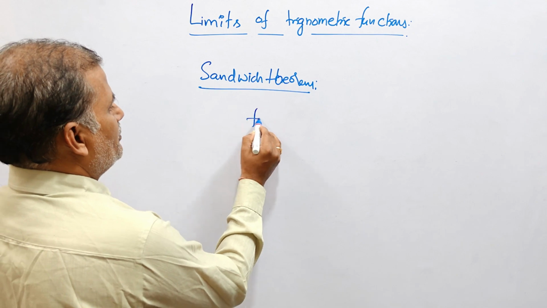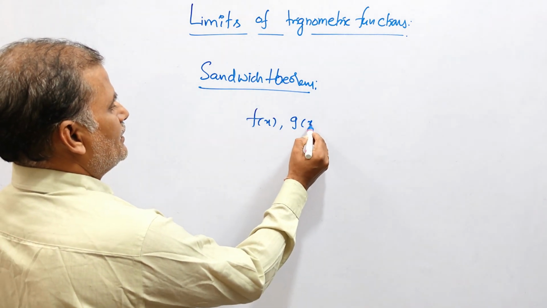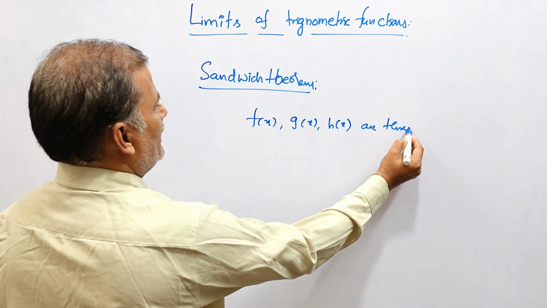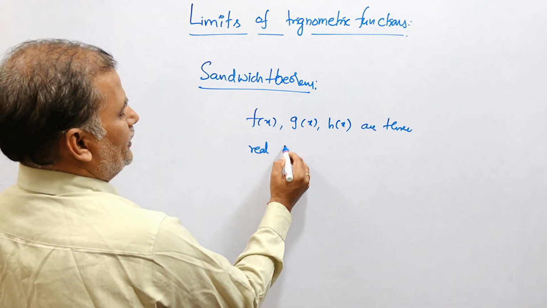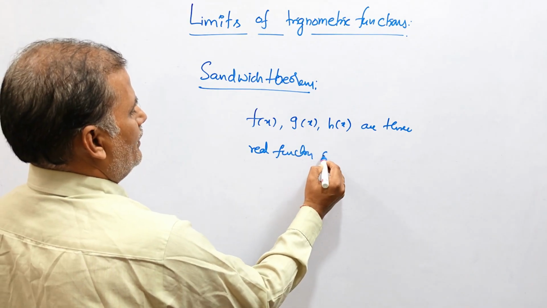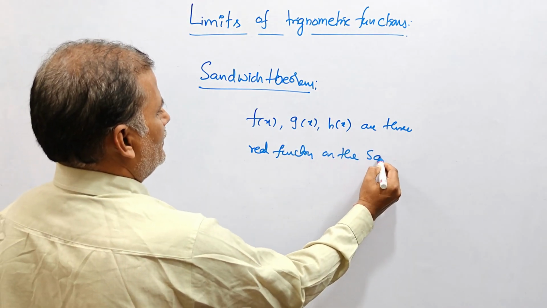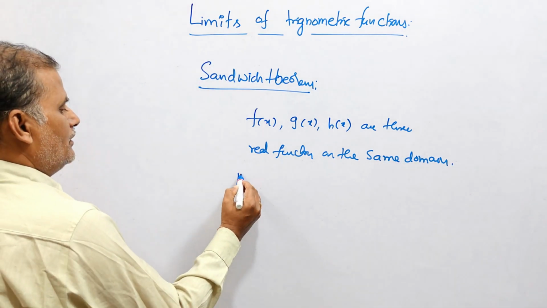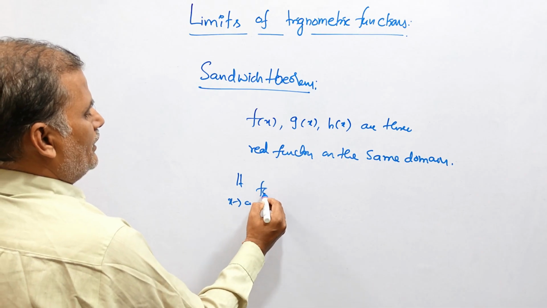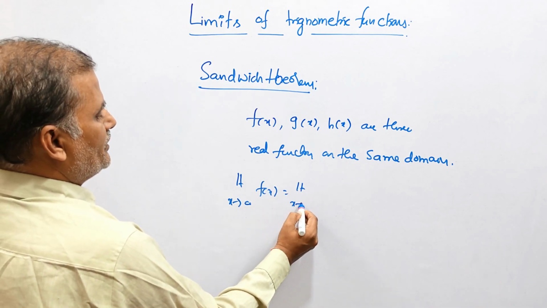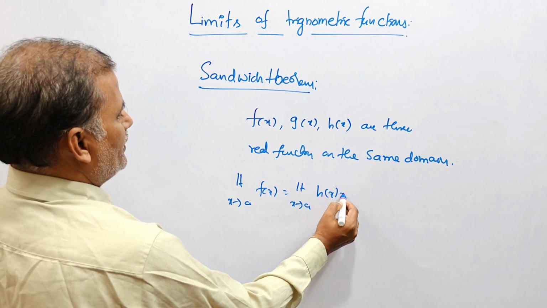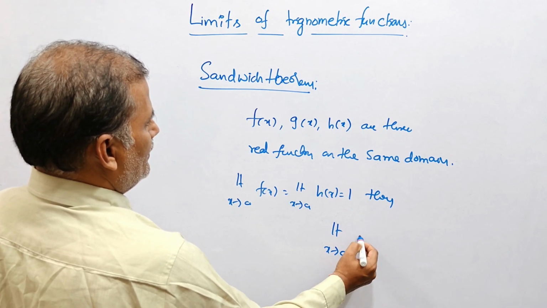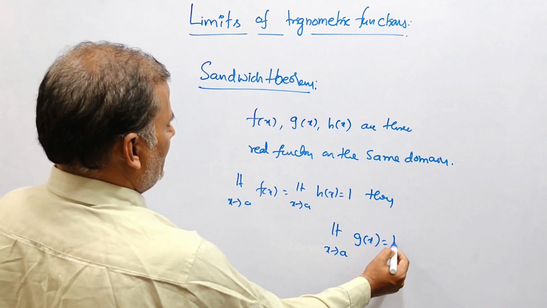The definition of the sandwich theorem is: if f of x, g of x and h of x are three real valued functions on the same domain, and limit x tends to a, f of x is equal to limit x tends to a, h of x is equal to 1, then limit x tends to a, g of x is also 1.